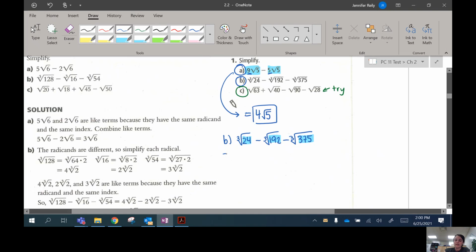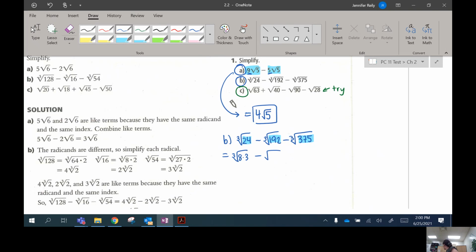So that's what you want to do in this scenario. So 24, you're going to try and break it up into something that can be evaluated and something left over. So 24 is 8 times 3. 192, I'm going to try a bunch of cubes. If you're wondering what to break it up into, just have a list of cube roots.